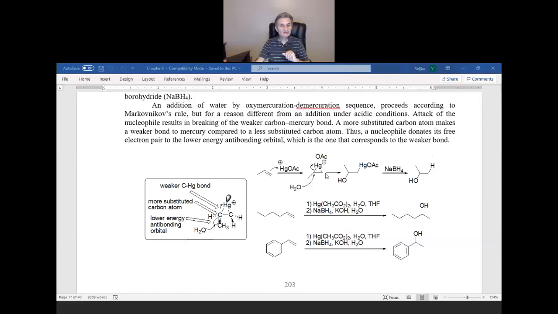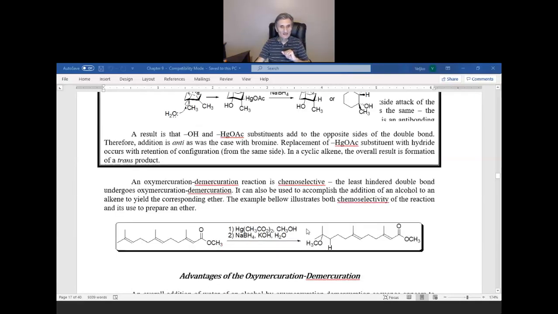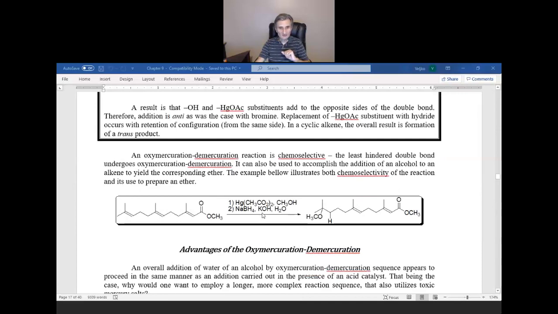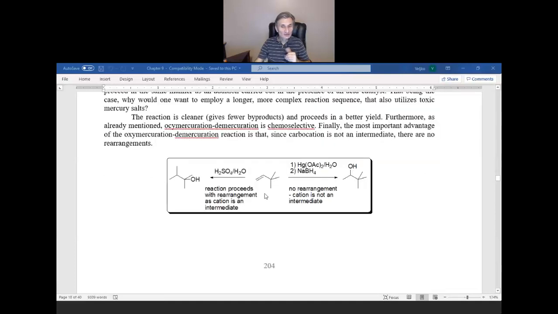So selectivity is the same as you would expect if a carbocation were the reaction intermediate. The difference is that unlike carbocations, you don't need to worry about rearrangements. Before, we have covered rearrangements.